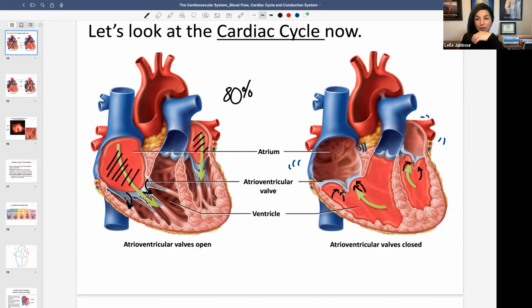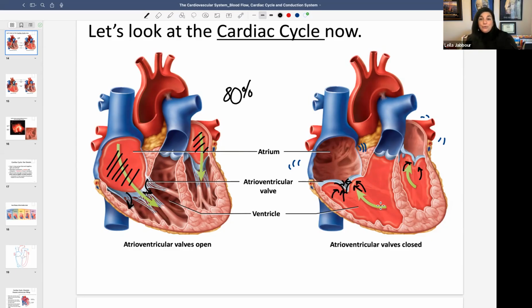So these AV valves kind of come together towards the center and they get shut like that. So they get shut, which is great because we do not want backflow into the atrium. That's the main purpose of having these valves, is to prevent the backflow into the previous chambers.